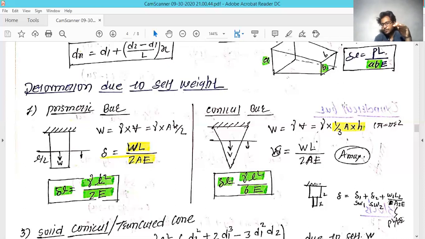The second cross section also gets deformed due to its self weight. But due to the entire weight of the second cross section, there is a change in length in the first cross section. So in that formula, the only addition is W1 L divided by A2 E.